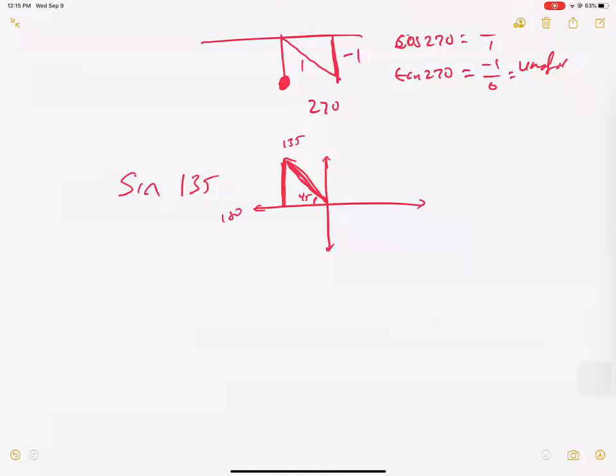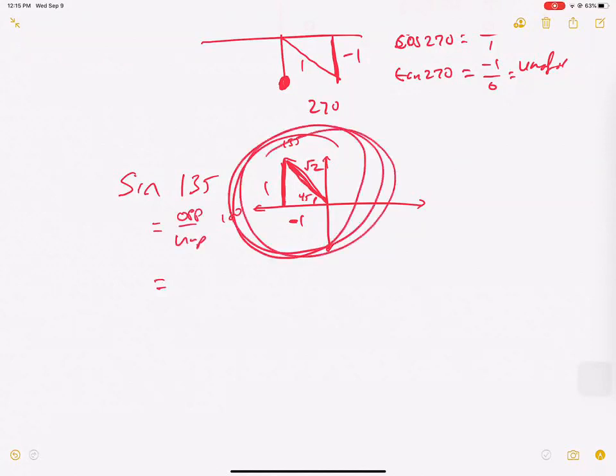Hey, 45 degrees is a special triangle for me. 1, 1, square root of 2. Are any of these going to be negative? Yes, because we went left. Last step, since we have all 3 sides of our triangle, just copy the sides. Sine is equal to opposite over hypotenuse. Opposite of this triangle is 1 over square root of 2 hypotenuse, which is square root of 2 over 2. Done.